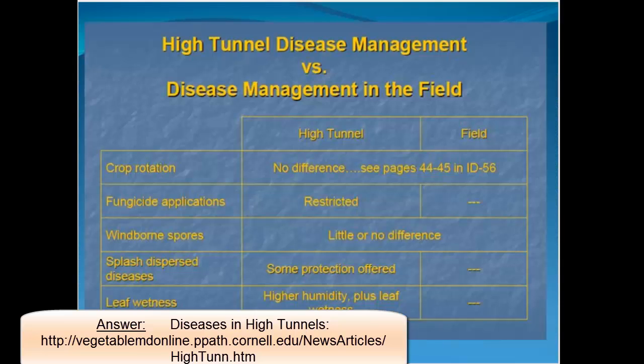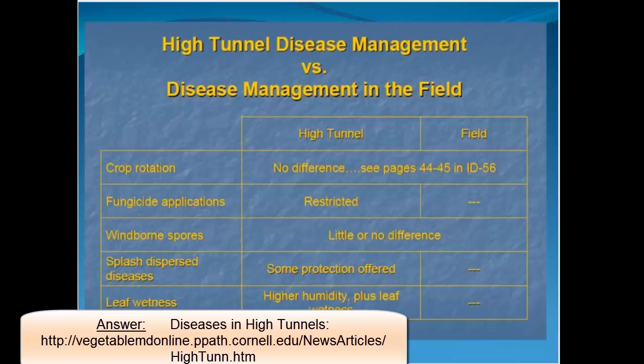Now, many of those, Verticillium for example, and Fusarium, can be overcome with genetic resistance, so we can take care of it there. Problems that you commonly see outside in Illinois on tomatoes, things like early blight and septoria leaf spot, are often really not very big problems in the high tunnel.